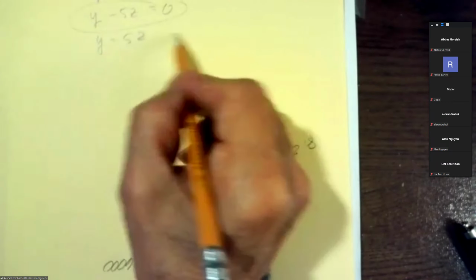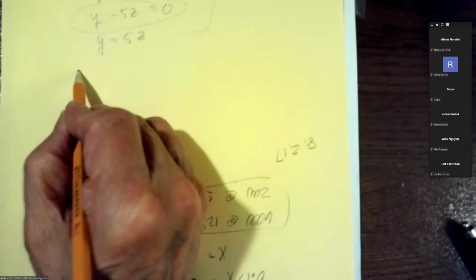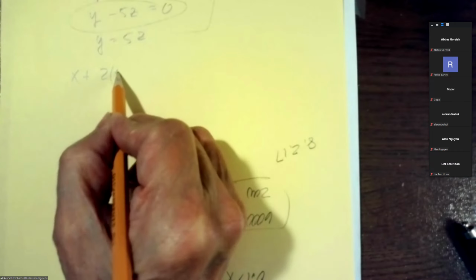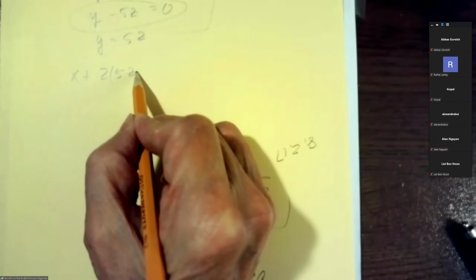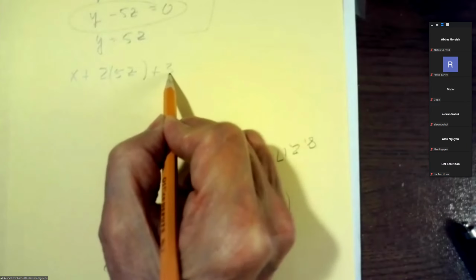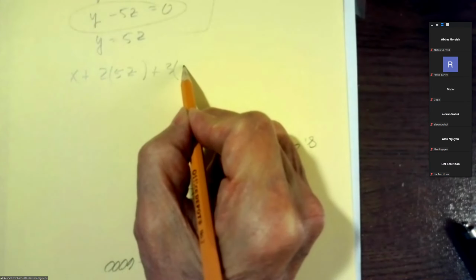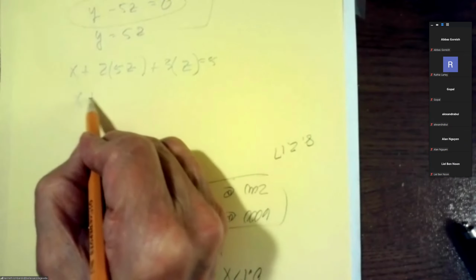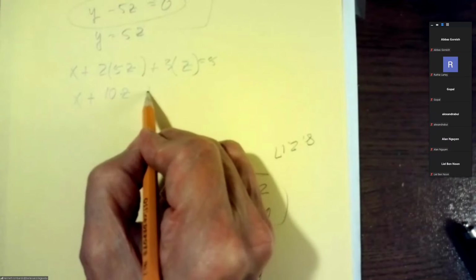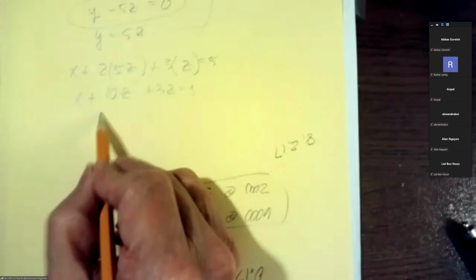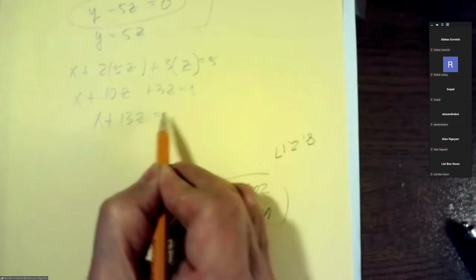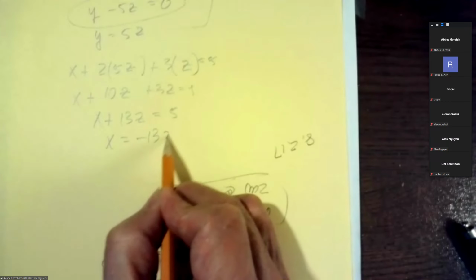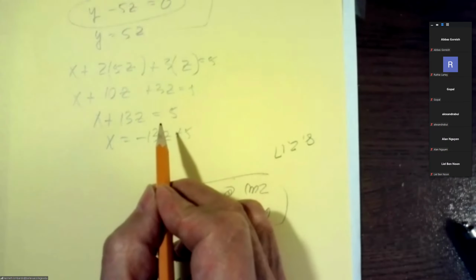And if I plug that back into the first equation, I get x plus 2 times 5z plus 3 times z equals 5. So that says x plus 10z plus 3z equals 5, x plus 13z equals 5, or x equals negative 13z plus 5.